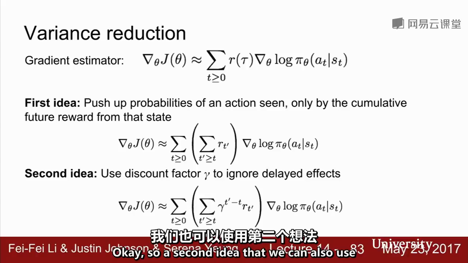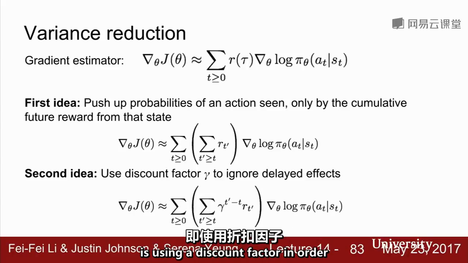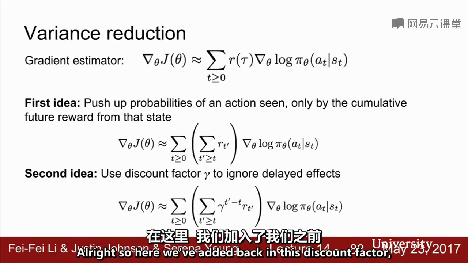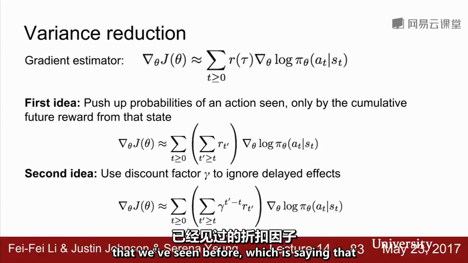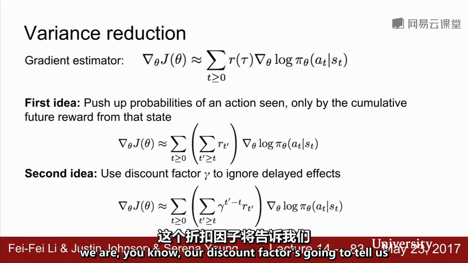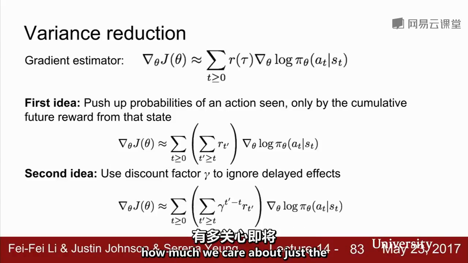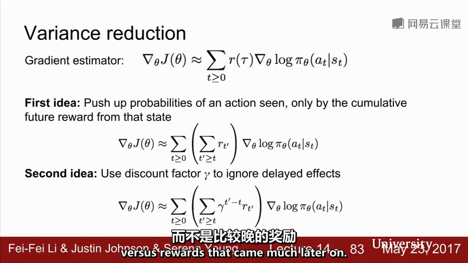A second idea that we can also use is a discount factor in order to ignore delayed effects. So here we've added back in this discount factor that we've seen before, which tells us how much we care about just the rewards that are coming up soon versus rewards that came much later on.